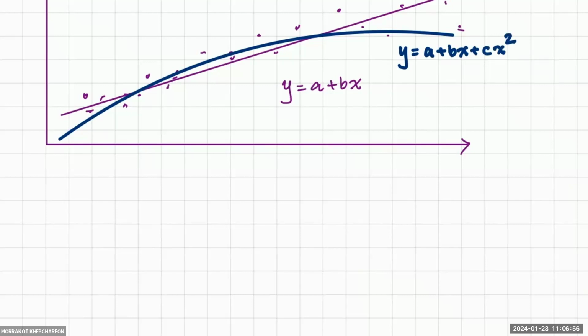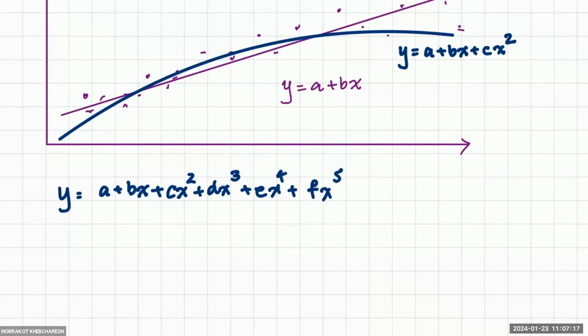And if the data we have is a polynomial of degree 5, you will have y equals a plus bx plus cx squared plus dx to the third plus ex to the fourth plus fx to the fifth.